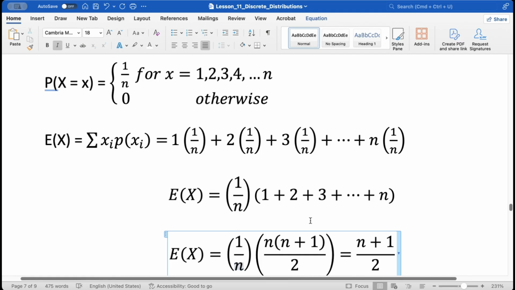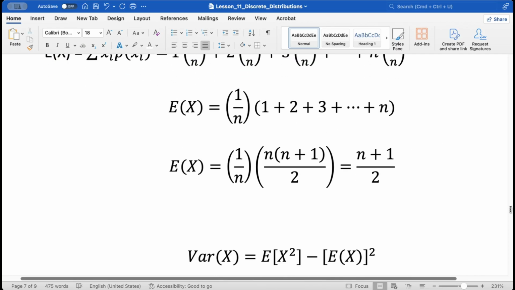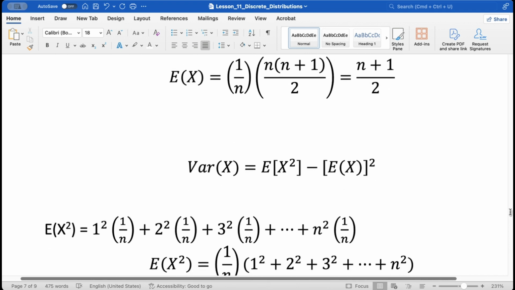I should be careful. This is the formula as long as the possible values of x are 1 through n. If you start at a different number than 1, there would be a slight adjustment, but it is similar. Now, the variance is expected value of x squared minus e of x squared.